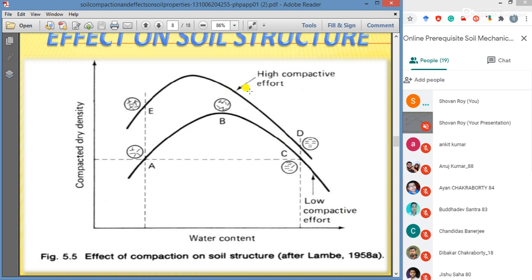Now, in this figure, at water content higher than optimum, the soil at points B and D, of the two curves, is more oriented than at point A. However, the structure is more oriented at C than at A.